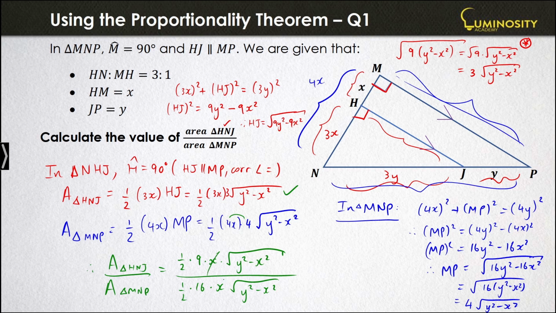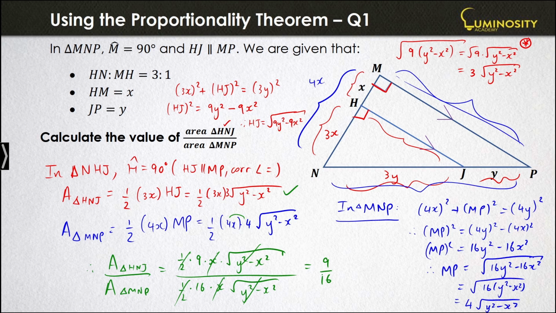The x's will divide into each other, the square root terms will divide into each other, the halves will divide into each other, and we're left with 9/16. That is the simplified ratio of those two areas.